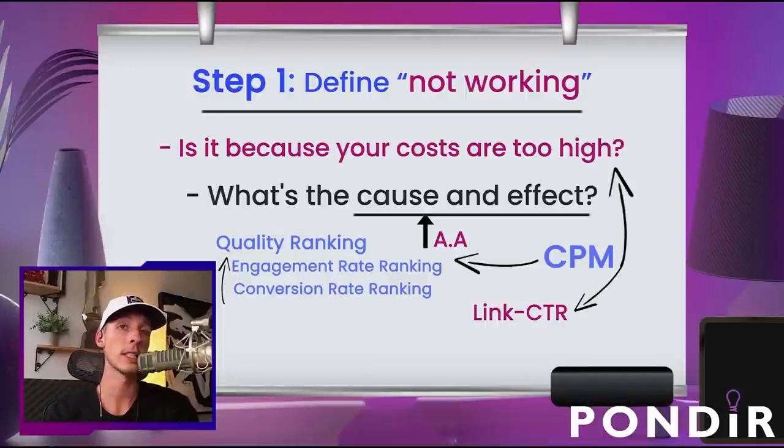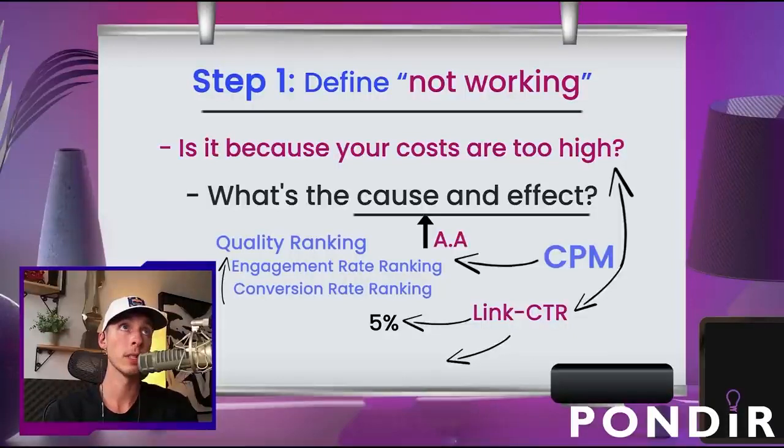So if 100 see your ad and 5 click, that's going to be a 5% link CTR. If one person clicks out of 100, that's a 1%, and so forth. Okay, so you have your link CTR that is kind of coupled with CPM. And now you have your cost per click.